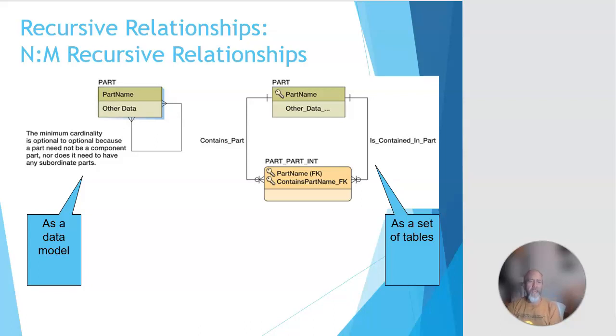Now, in the many-to-many, you do need to have a separate table to do it, to relate parts to part. Okay, and you're going to have a foreign key that points back to the primary key of part when you're doing this. So all of those situations are doable. One-to-one, one-to-many, many-to-many, recursive, non-recursive, weak, strong. There's a way to model them all.